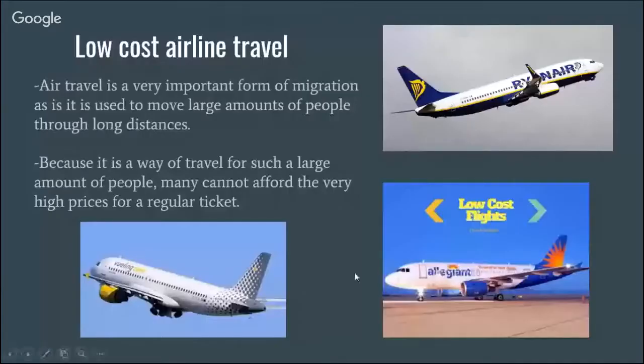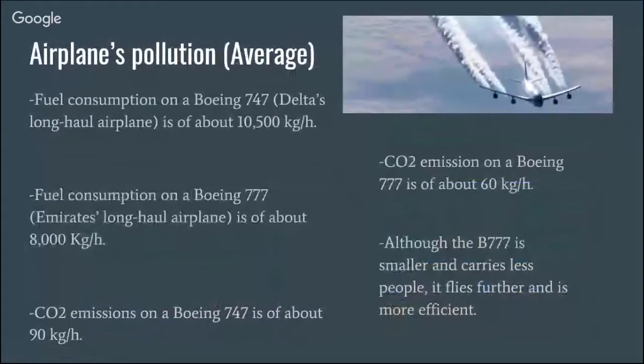Then we're going to talk about the pollution, the average of what airplanes consume. So first, we're going to talk about the 747, which is one of the main long-distance route airplanes chosen by Delta. This airplane consumes 10,500 kilograms of fuel per hour.